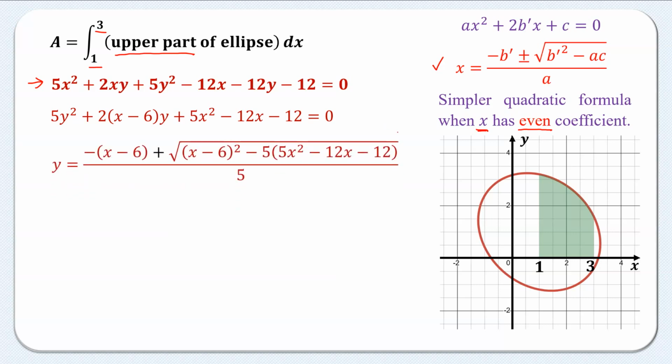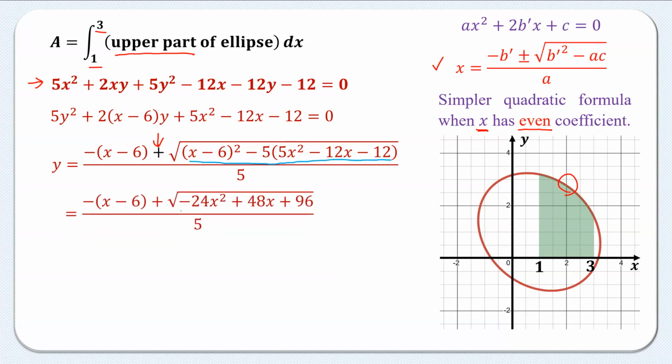So applying this formula, we obtain minus x minus 6, then we take the plus sign since we are dealing with the upper part of the ellipse. Then square root of (x minus 6) squared minus 5 times (5x squared minus 12x minus 12), and divided by 5. If you expand and simplify all of these, you will obtain minus 24x squared plus 48x plus 96.